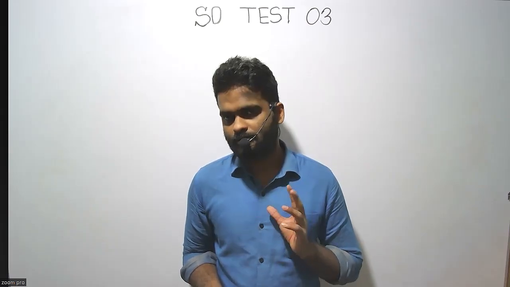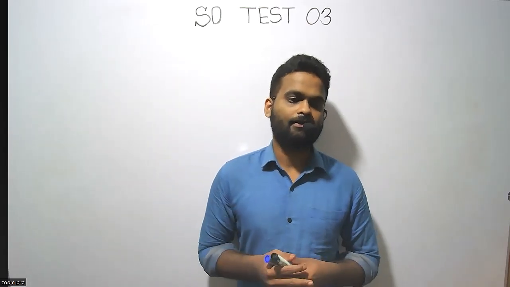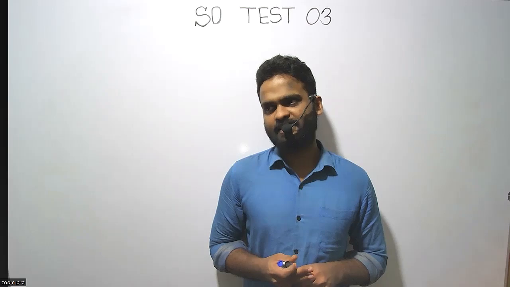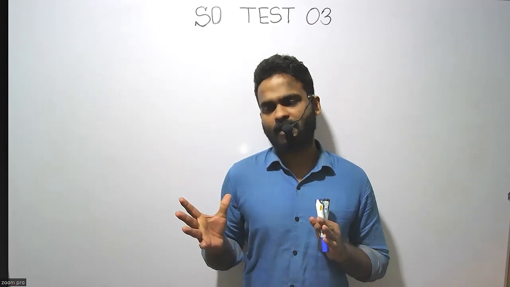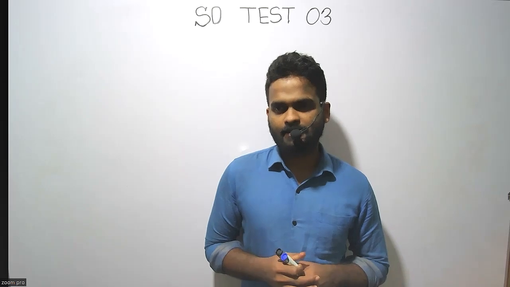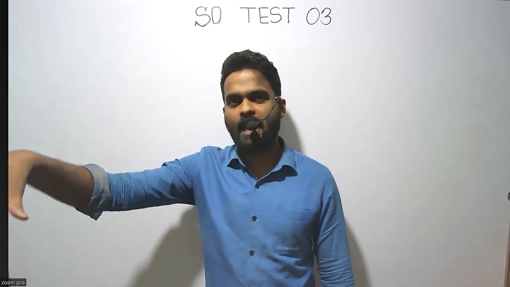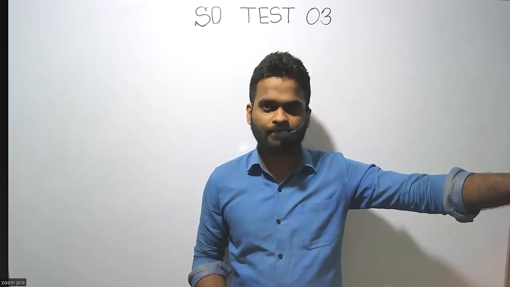So good work to those who did the test, and you can correct yourself after watching this video, and you can correct your mistakes. Other thing is, as you have noticed, the results just came out, and you can clearly see there are two groups of students. One group is the A students group, the other group is the F students group.